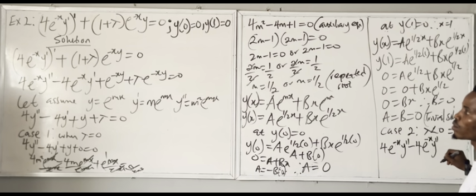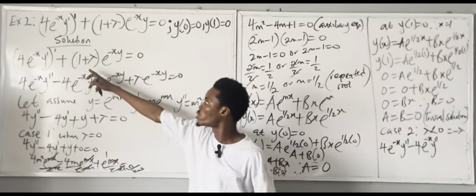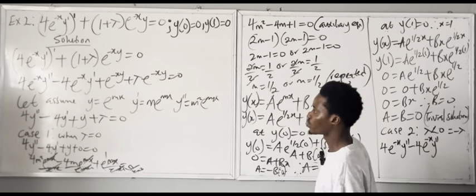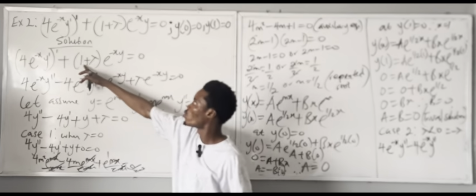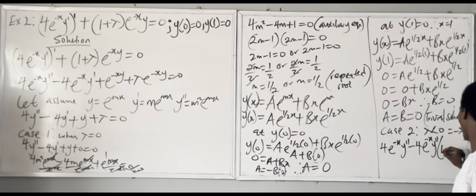Then what do I have here? I have 1 plus lambda. So when lambda is negative, I'm going to have 1 minus lambda, then multiply by exponential minus x y.